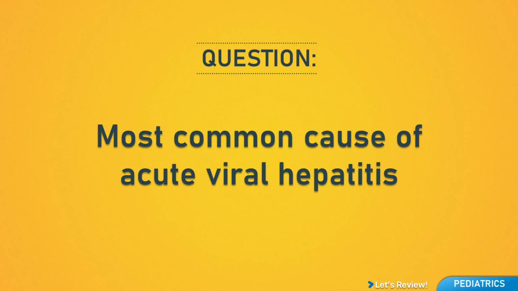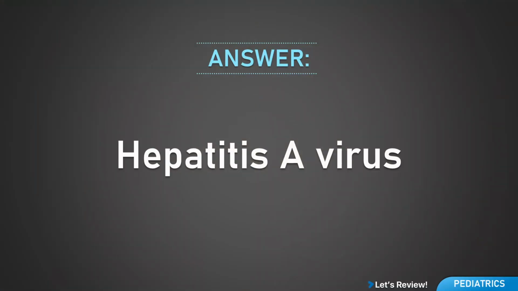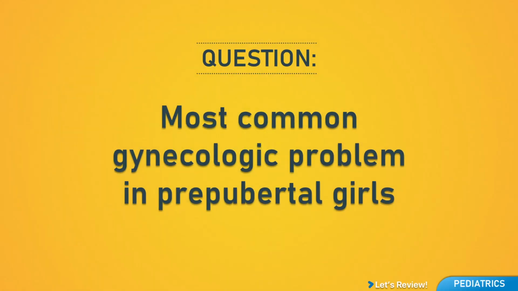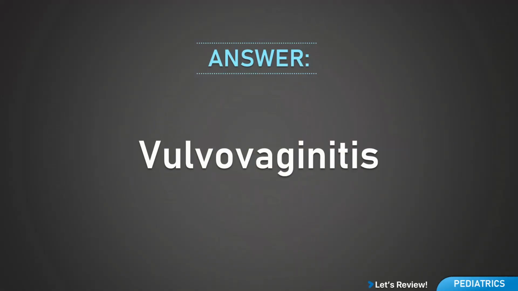Most common cause of acute viral hepatitis. Hepatitis A virus. Most common gynecologic problem in prepubertal girls. Vulvovaginitis.